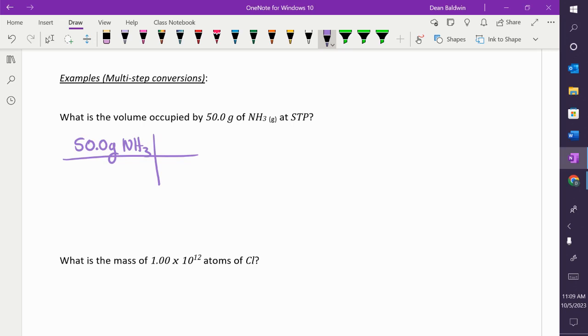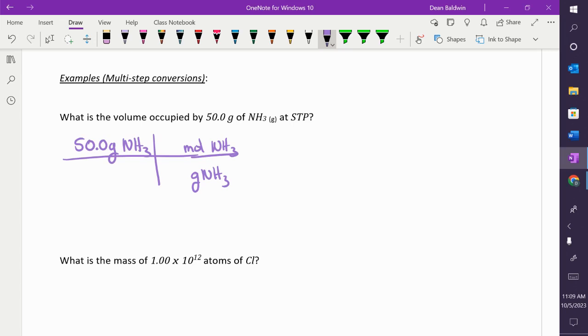Moles, right? So I know that there has to be grams here, right? And moles up there. So grams of NH3 and usually moles of NH3 there. Okay. Moles per gram. Or 1 mole is how many grams? What am I looking for here?